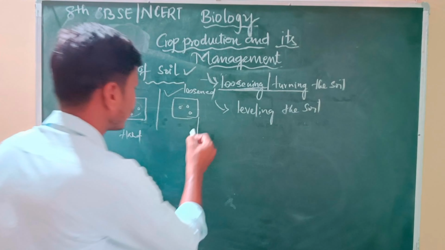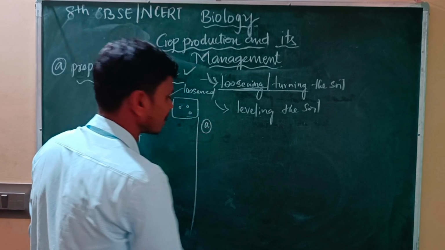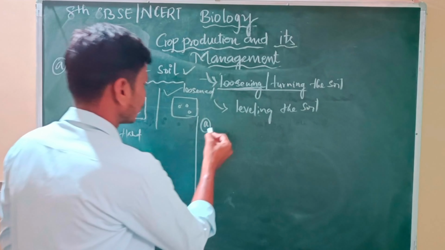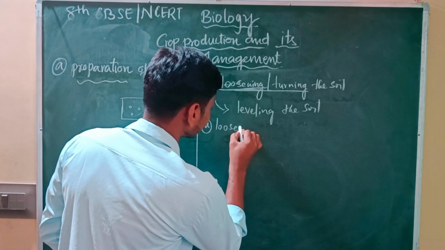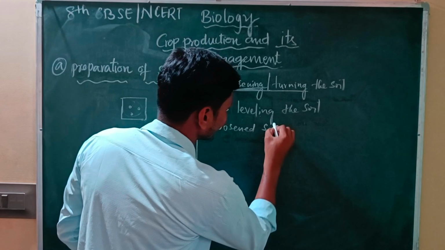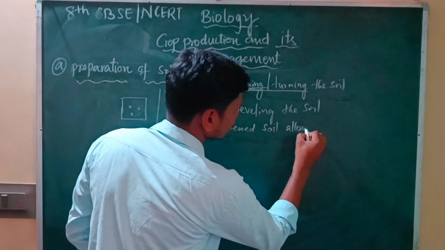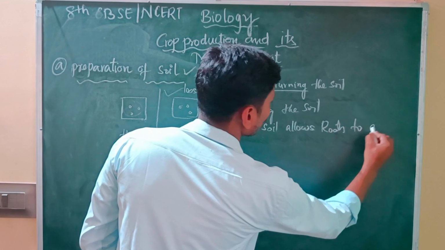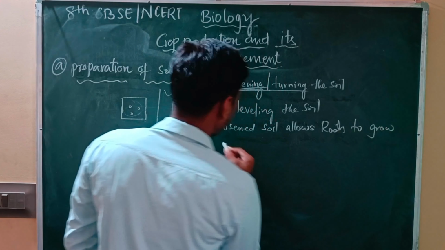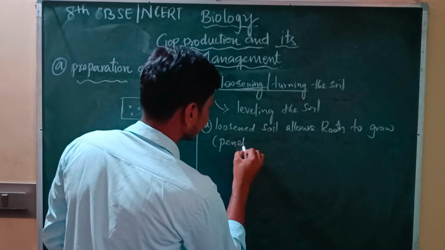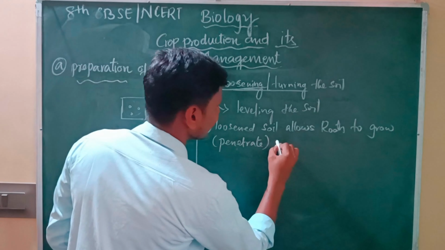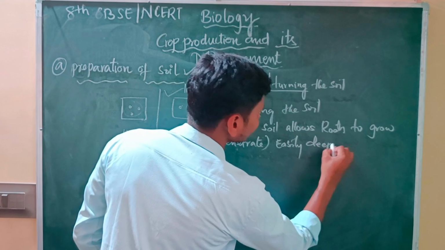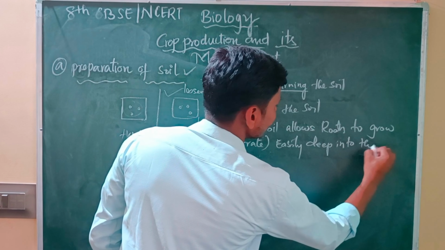What are those? Of course, the first and foremost thing is, by turning the soil, the loosened soil allows roots to grow, or you can write penetrate, to penetrate easily deep into the soil.